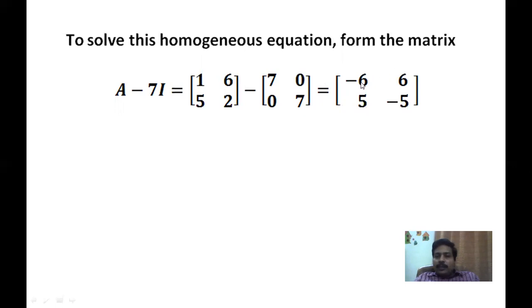So here we can observe that the columns are linearly dependent. This is minus 6, 5 and this is 6, minus 5. If you multiply the first column with minus 1, you will get the second column. So these columns are linearly dependent.